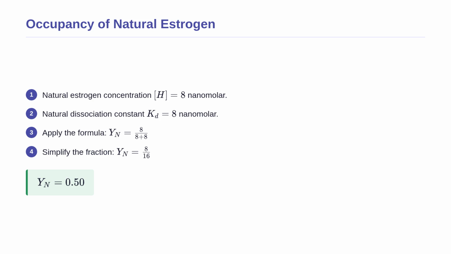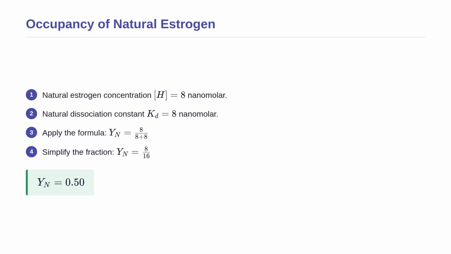Let us first calculate the fractional occupancy for the natural estrogen. We are given a hormone concentration of 8 nanomolar and a specific dissociation constant of 8 nanomolar. We plug these values into our formula. The numerator is 8, and the denominator becomes 8 plus 8, which is 16.